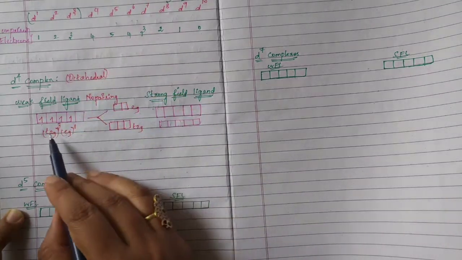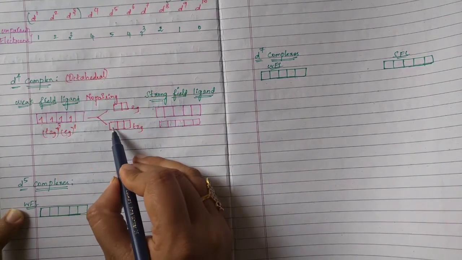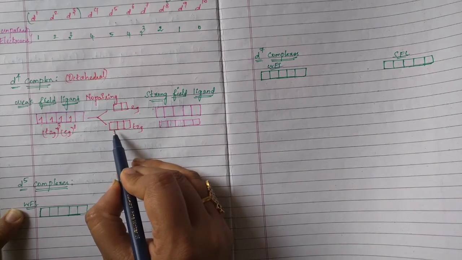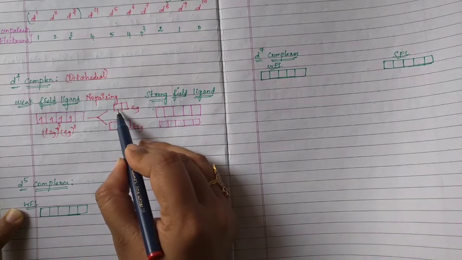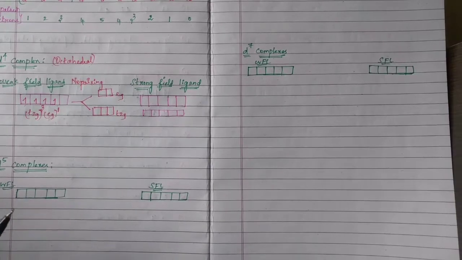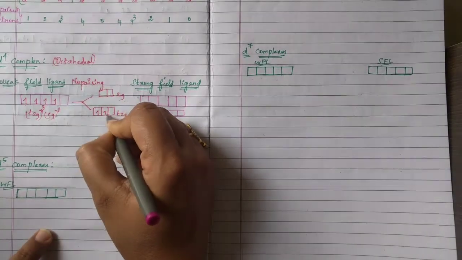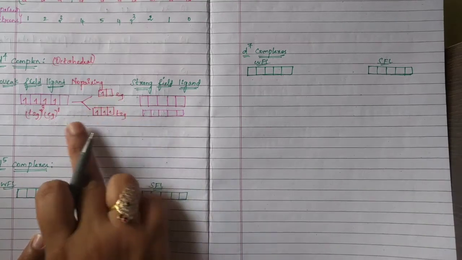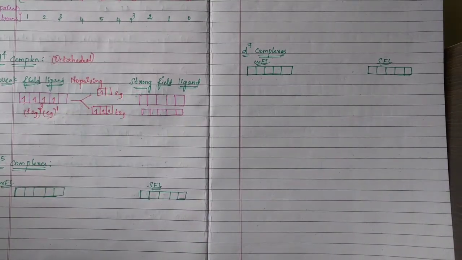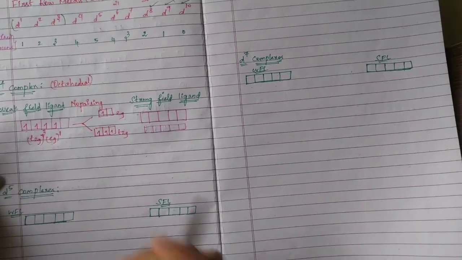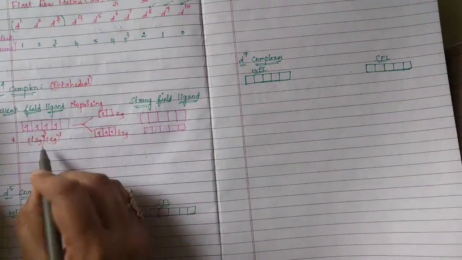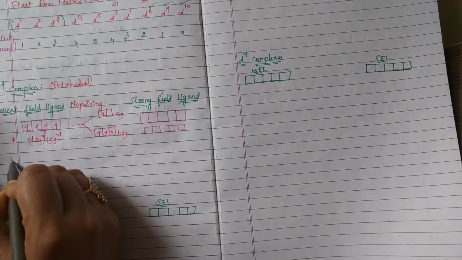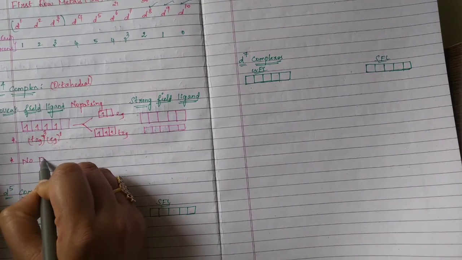If it is a weak field ligand, three electrons occupy here and one electron here: 1, 2, 3 and here 1 electron, t2g3 eg1. In this case, the first point is this configuration. The second point is no pairing.